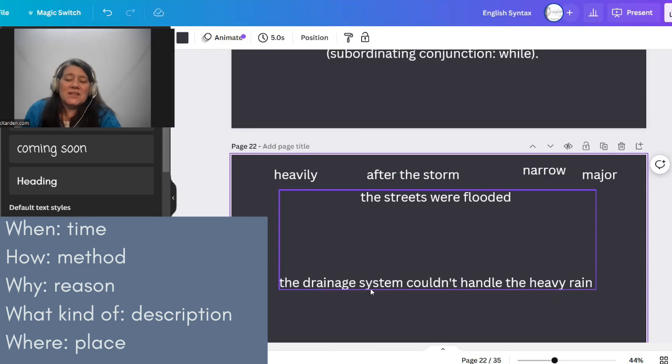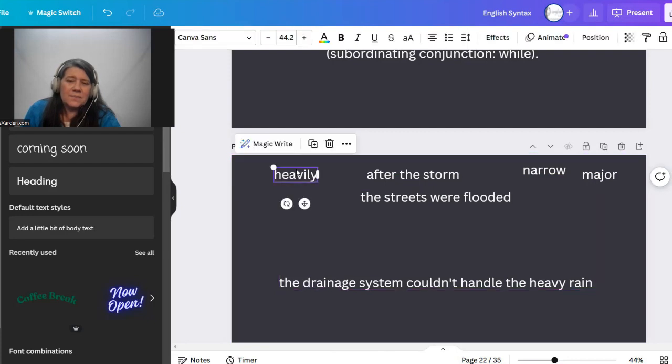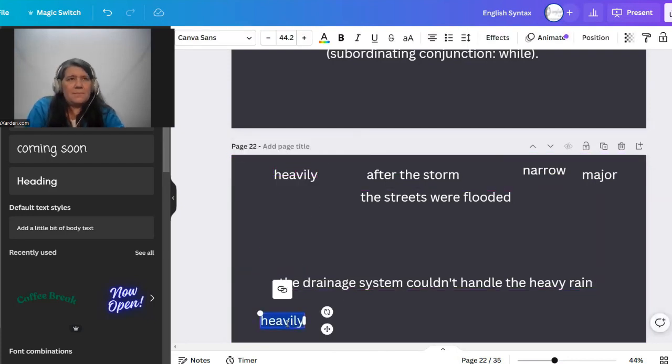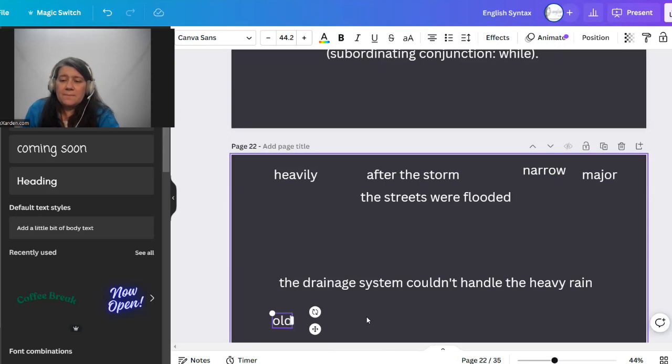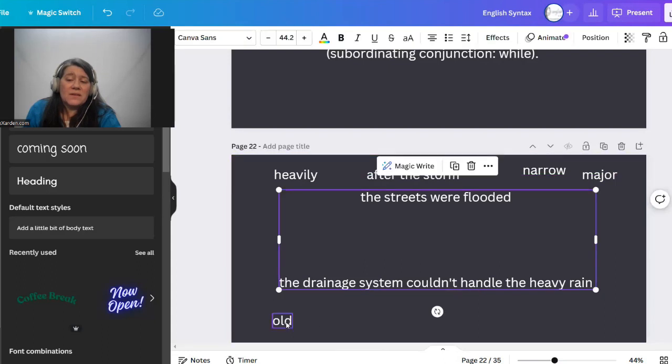The drainage system. The drainage system, that's a noun. What kind of drainage system? Maybe the drainage system was old. How can you handle? You handle things.